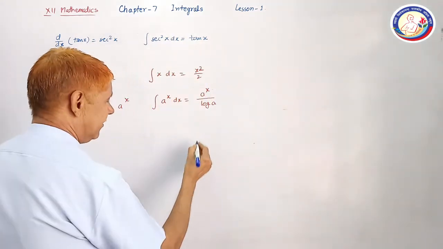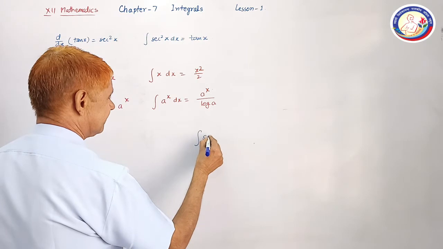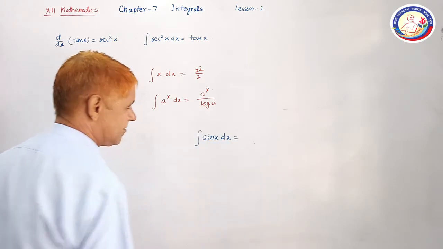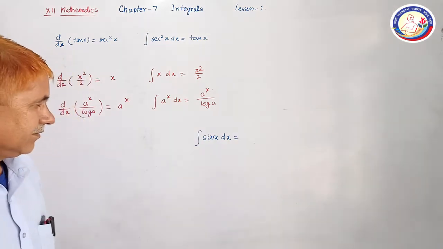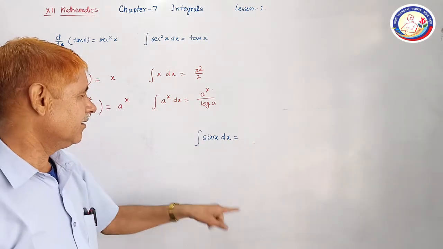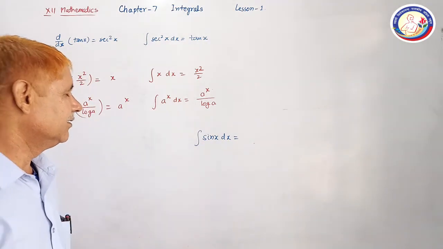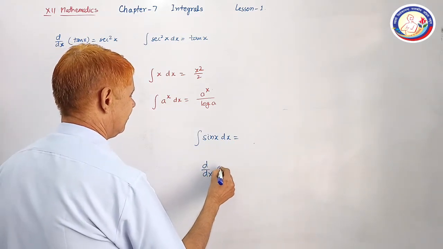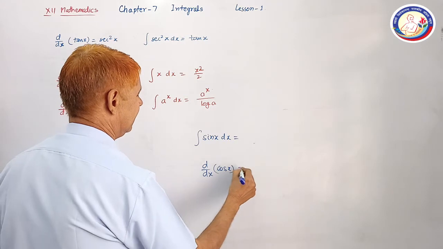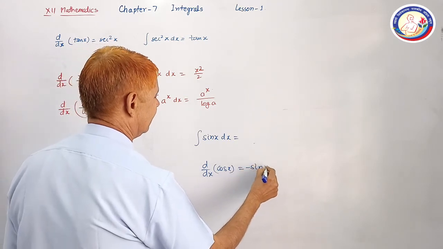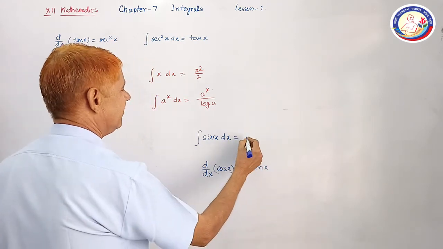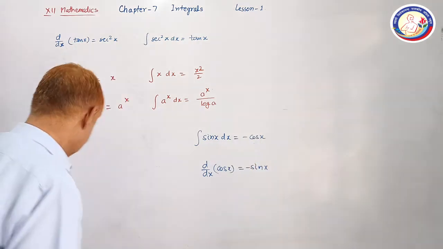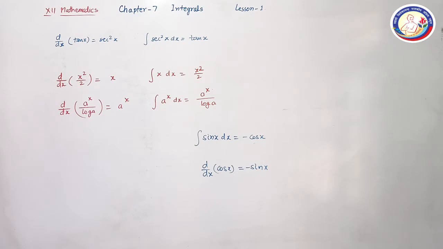Similarly, if we integrate sin x with respect to x, for which function the derivative is sin x? We know that derivative of cos x is minus sin x. So integration of sin x will be minus cos x. Again, I am taking one more example.